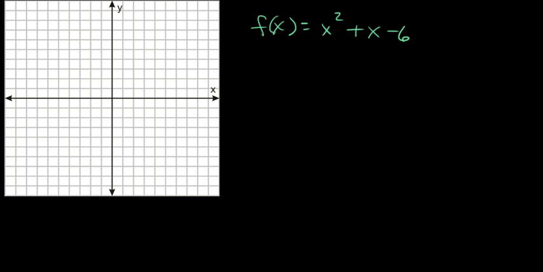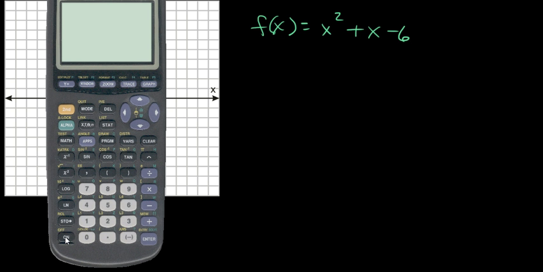I'm going to use my graphing calculator for this because it's easy. I'm going to go to my y editor, clear, and enter x squared plus x minus 6. Then I'm going to go to zoom 6, zoom standard, because I always like to start with the standard graph and viewing window and see what that looks like.